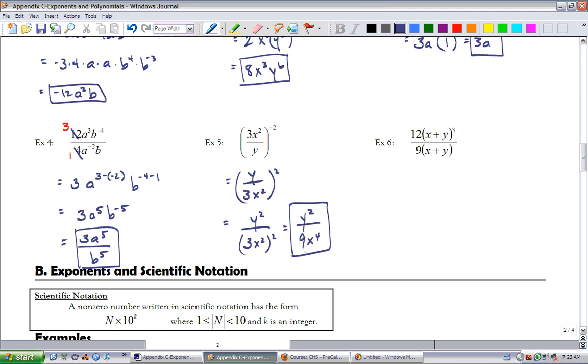Okay. Last one here is a little tricky because we have a base that's not just a single value, but we can still apply the rules that we have up there. So first off, let's reduce 12 ninths. 12 ninths will reduce to 4/3. Okay?